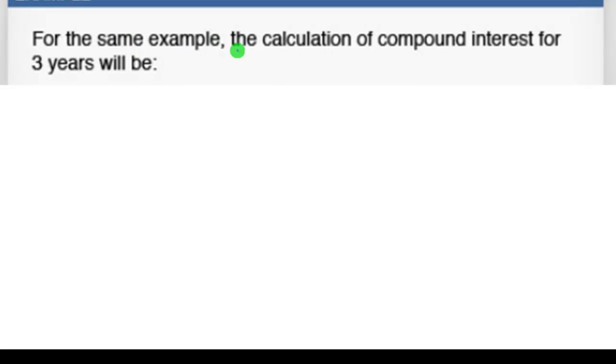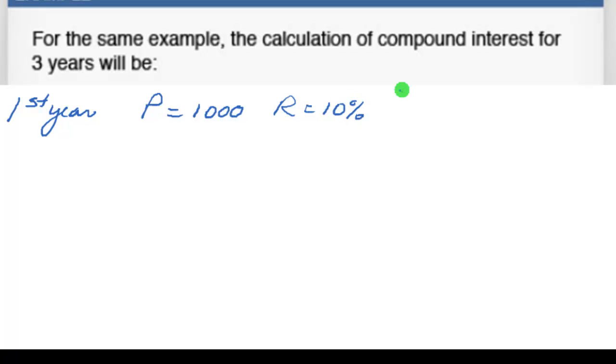So the calculation for compound interest for 3 years will be, with the same example, remember the first year, our principal is $1,000. So you start out with $1,000, our rate is 10%. But now we're going to look at the first year only. So that's going to be T equals 1.